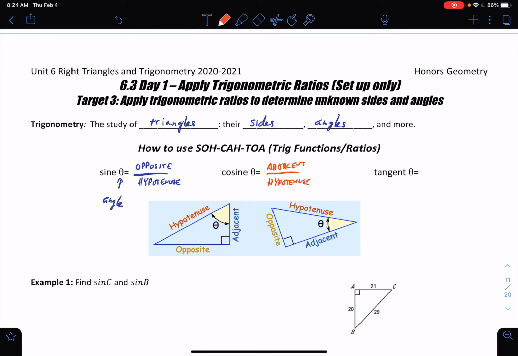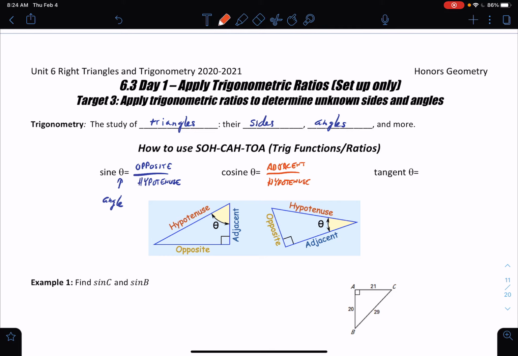So cosine of theta is going to be this adjacent side length over the hypotenuse. Now, you may be saying, but the adjacent and the hypotenuse both meet at that angle. They both touch that angle theta. The hypotenuse is special. The hypotenuse is always going to be opposite the 90. So the adjacent is going to be the leg of the right triangle that touches the angle. That's right next to it. All right, so that's sine and cosine.